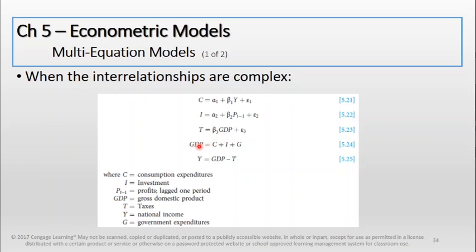However, in order to get the GDP, you need to get your consumption expenditure, your investment, and your government expenditures first. In case you would like to get your national income, you need to have your GDP and T. So just substitute.